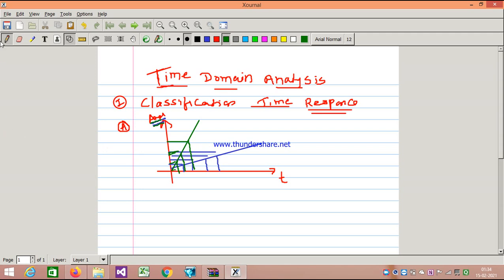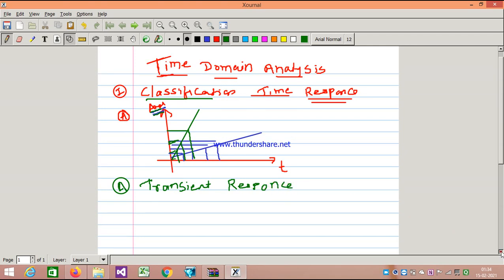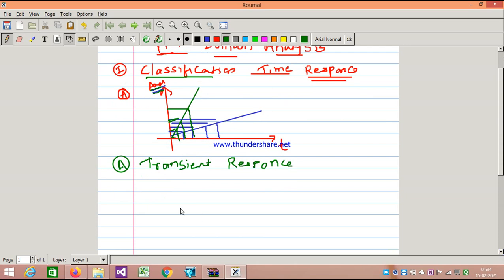So according to that, what classifications are available? Classification of time response: basically time response is divided into two parts. First part is the transient response, and the second one is the steady state response. What exactly is the difference between transient response and steady state response?